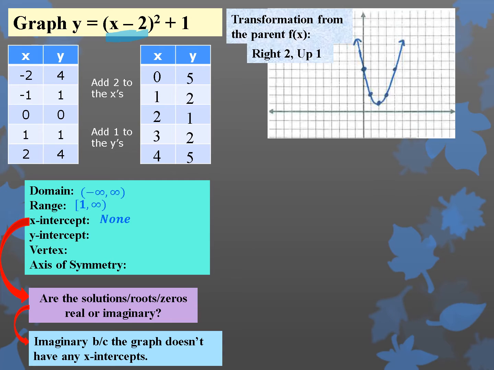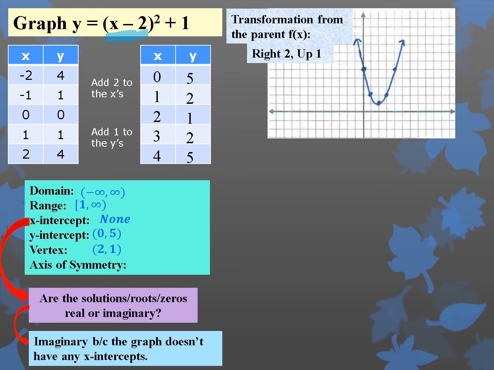So the y-intercept, I can tell I cross the y-axis at 0, 5. The vertex, that's my h and k, and it's also on the graph as 2, 1. And then the axis of symmetry. Now, remember, I'm going to erase that because that is not writing right.